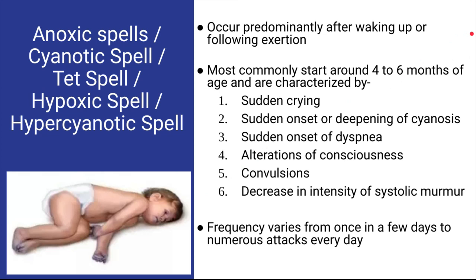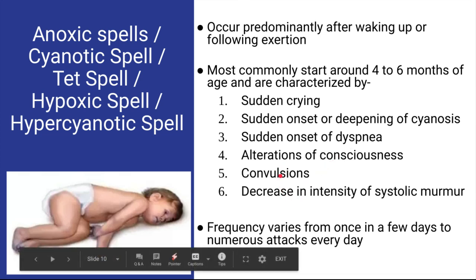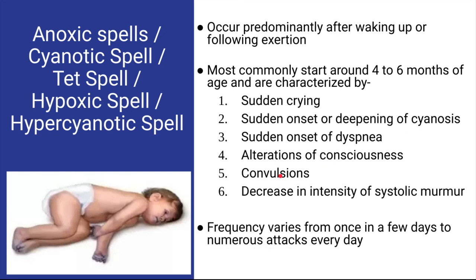So this is particular to VSD-PS physiology, and it is the result of sudden decrease in pulmonary blood flow, and it occurs predominantly after waking up or following exertion, and presents in the form of, after sudden crying, sudden onset of deepening of cyanosis, sudden onset of dyspnea with alteration of consciousness, and reflex anoxic seizure may be there, and decrease in the intensity of the systolic murmur because pulmonary stenosis is increasing, and frequency varies from once in a few days to numerous attacks every day.